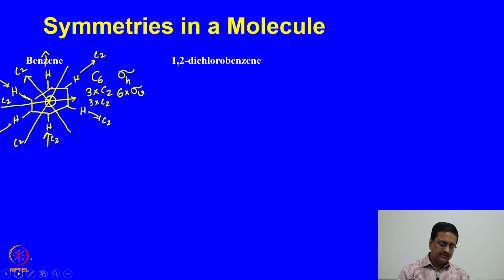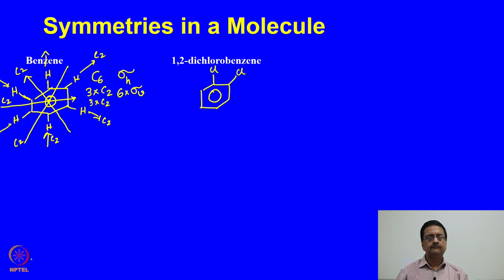So, next molecule is 1,2-dichlorobenzene. So, now you see, by adding these 2 chlorine atoms in this molecule, what we have got is we have lost the privilege of C6. What we have is just one C2 axis bisecting the molecule like that.